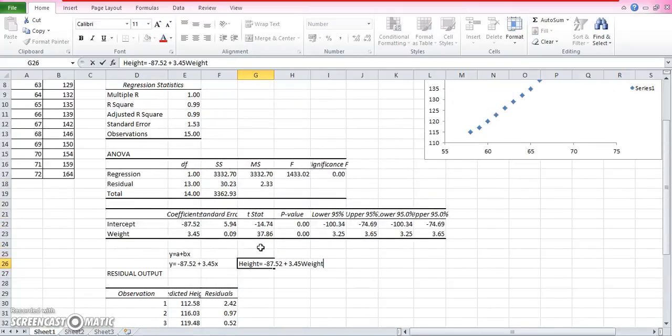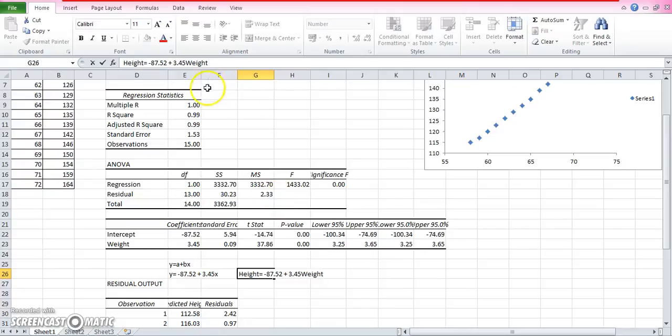Now for the regression statistics, we know that the value of R square is 0.99. This value is also known as the coefficient of determination. This value is used to measure the quality of fit.